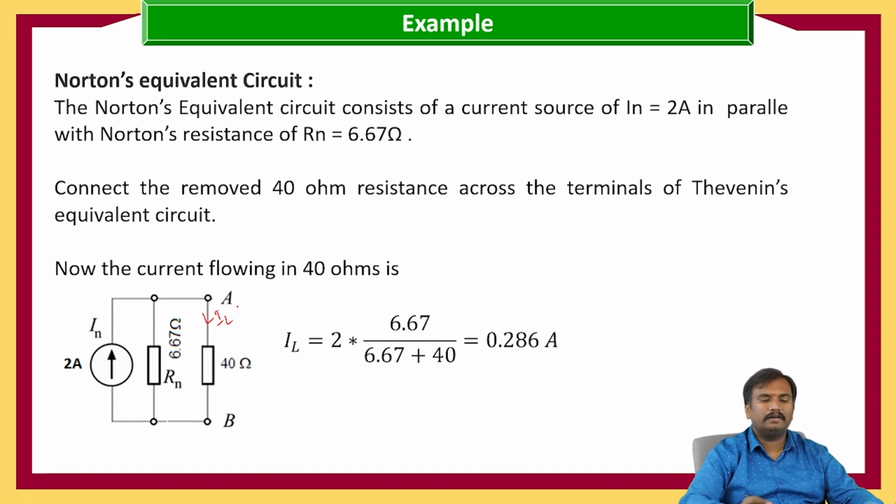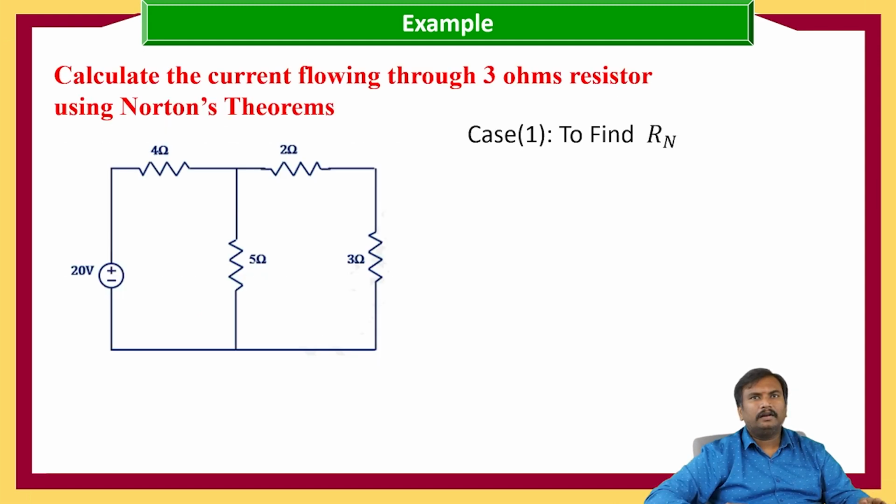To calculate the load current, we use the current division rule. IL is equal to IN into the opposite resistance, 6.67 divided by 6.67 plus 40, which is equal to 0.286 amperes.